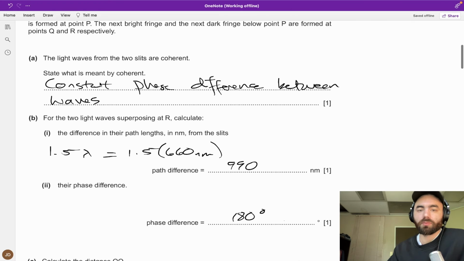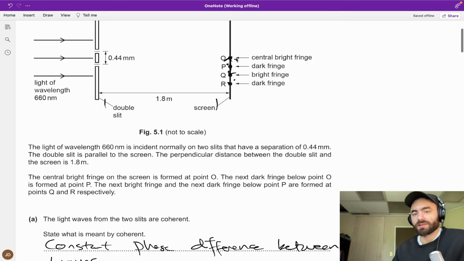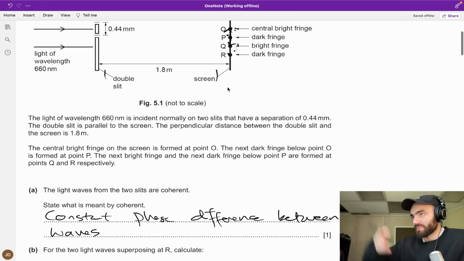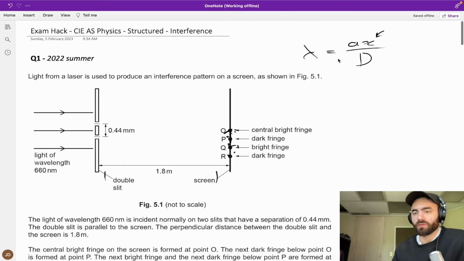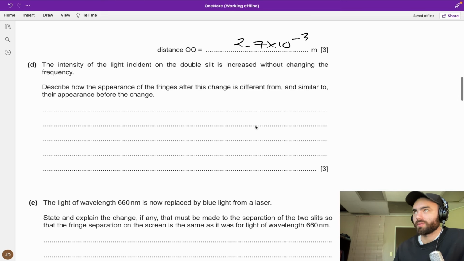And if we increase the amplitude of the light, it's not going to do anything to the distance between these fringes, right? We're just increasing it up and down. You know, the amplitude, in terms of this equation, doesn't relate to the amplitude. So the amplitude increasing does nothing to the distance between fringes.